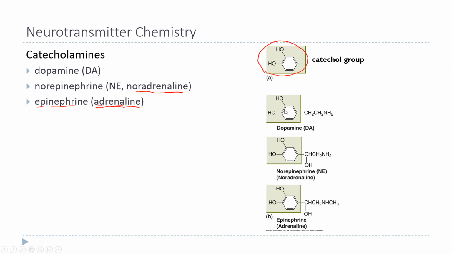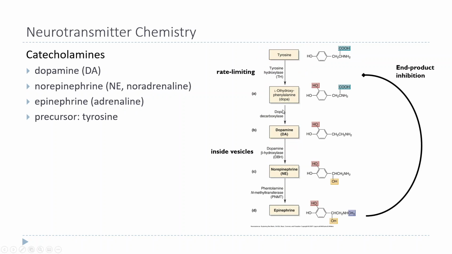And in addition to this structure, they also have a common synthetic pathway. All 3 are derived from the amino acid tyrosine. This is tyrosine. This is one of the amino acids that your cells use to make protein. So all of your cells have tyrosine in them.